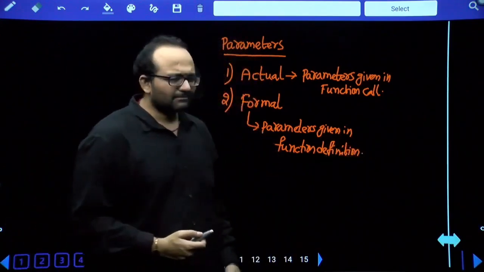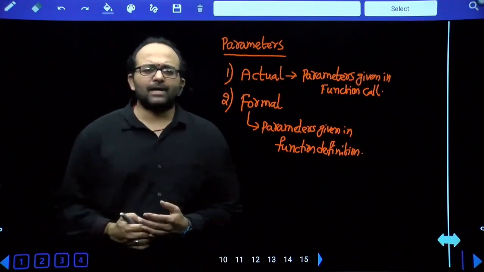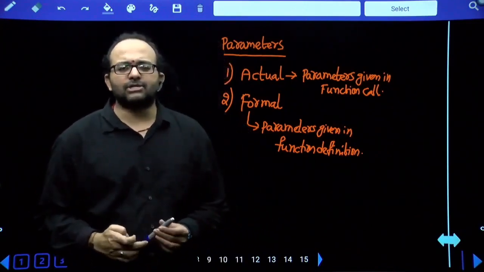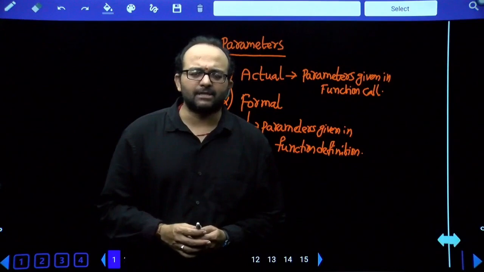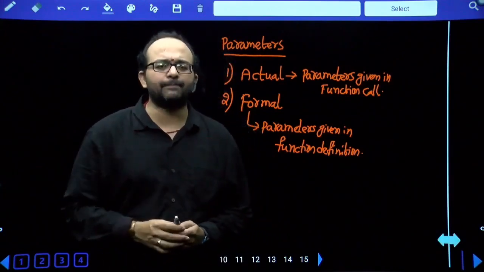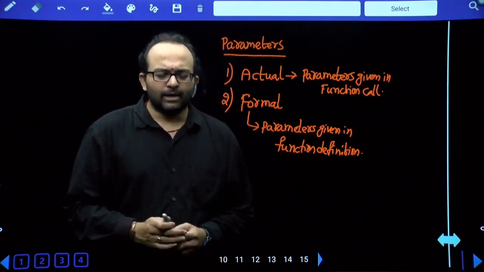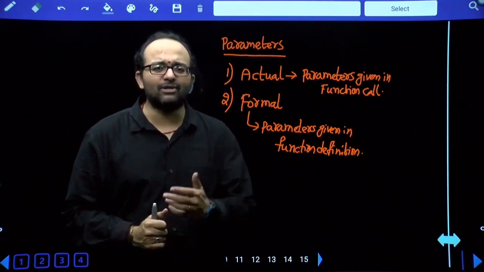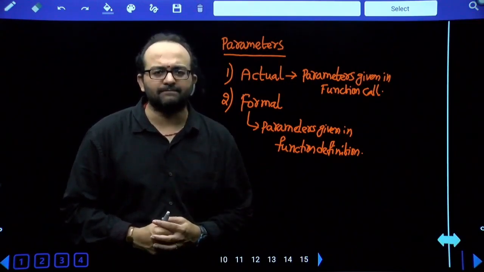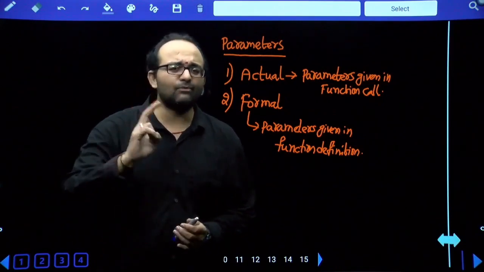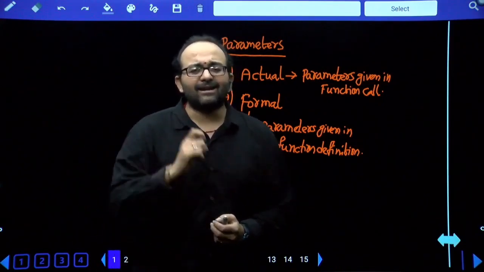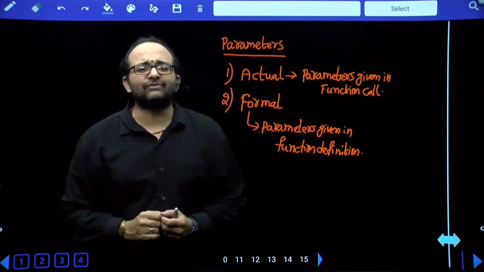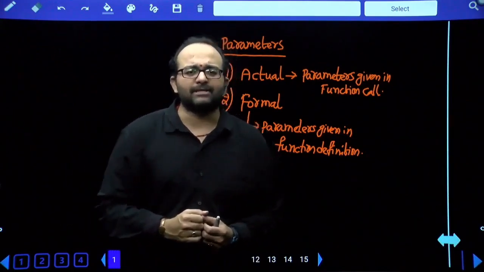Here, while we are working with actual and formal parameters, three things we need to keep in mind. One is the number of actual parameters must be equal to the number of formal parameters. The second one is the data type of the actual parameter must match with the data type of the formal parameter.